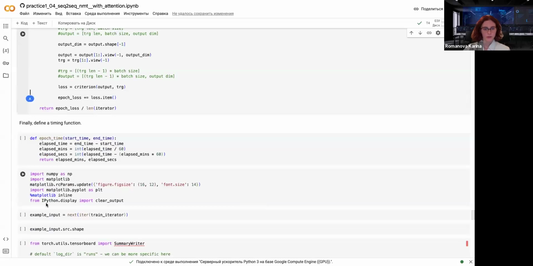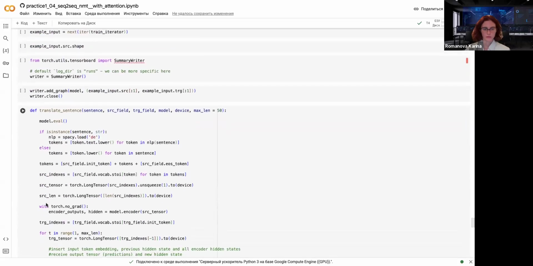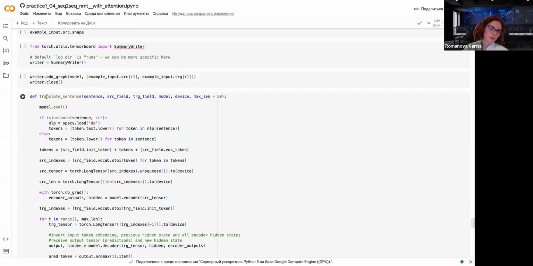Also, what we didn't discuss, we have here functions to translate sentences. We had it in the previous lesson, but maybe it would be good to repeat it a second time.